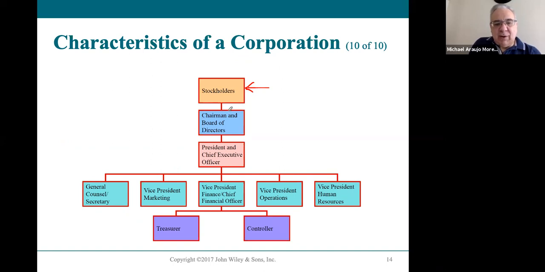Well, the stockholders basically elect something called a board of directors. A board of directors of a corporation, for a nonprofit, by the way, would be like a board of trustees. But a board of directors sets policies that make the stockholders more wealthy.